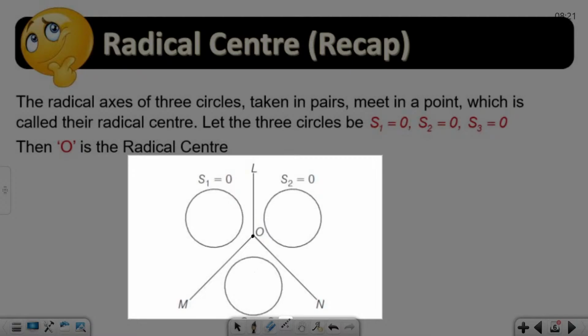If you draw three tangents from this point to these three given circles, then their lengths will be equal. That is, this length of the tangent is equal to this length as well as to this length.